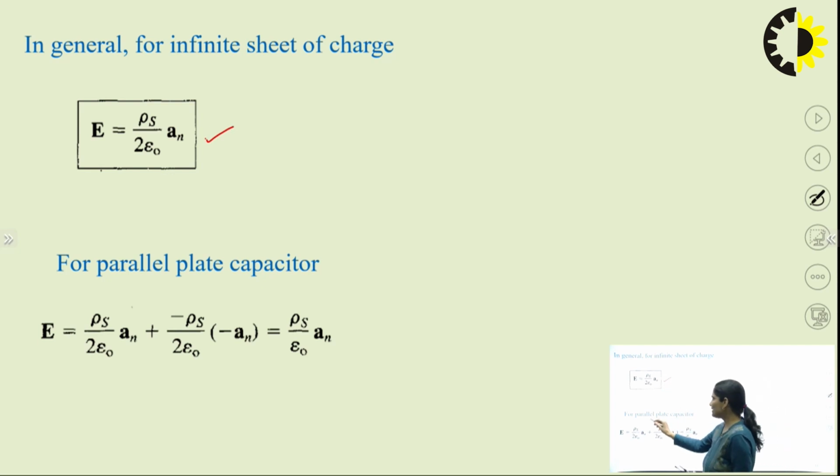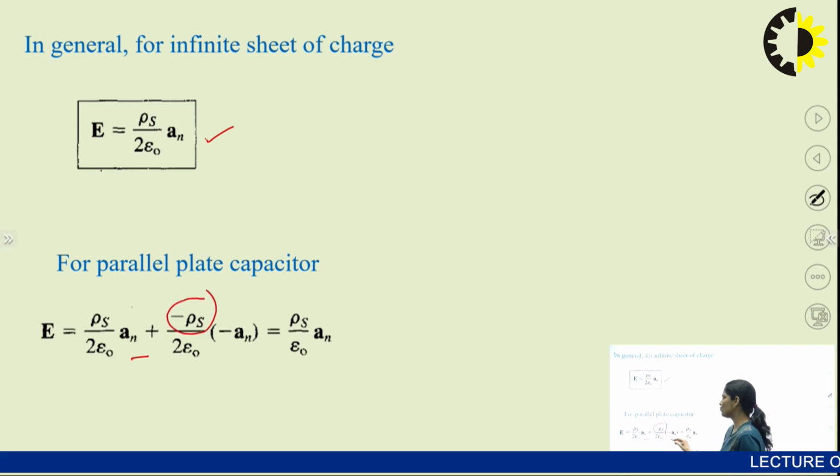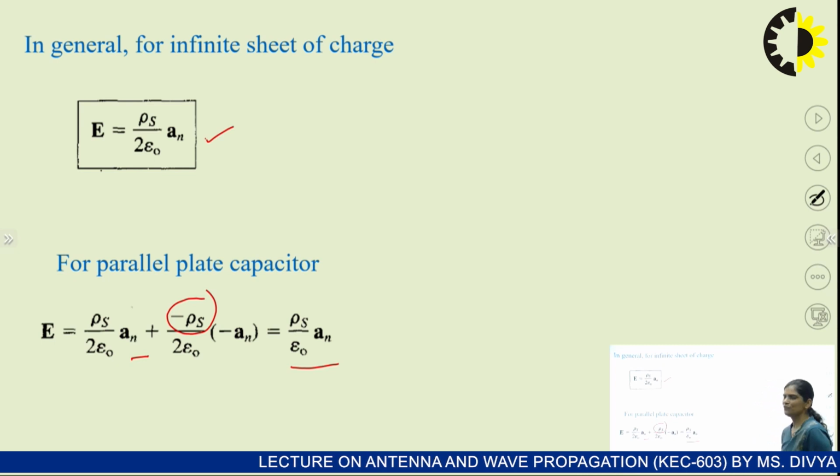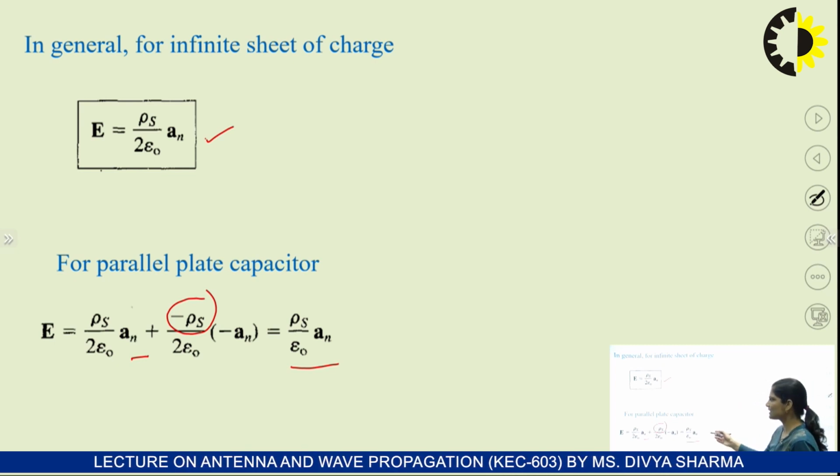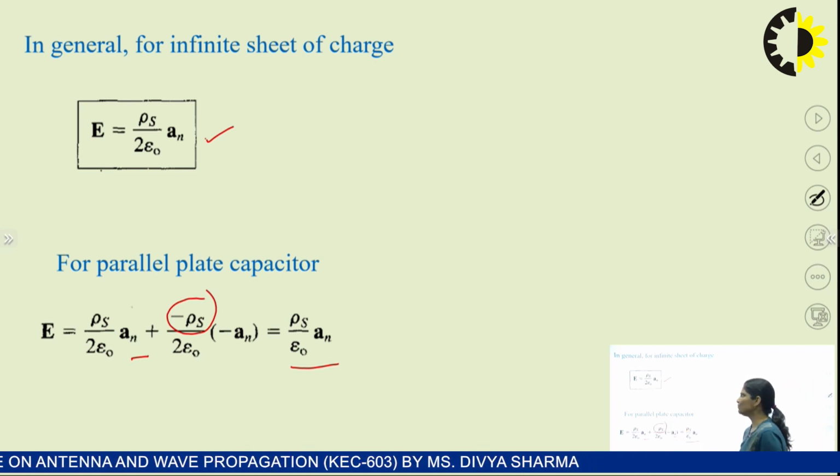Now for a parallel plate capacitor, E is equal to rho s upon 2 epsilon naught unit vector of n plus the negative charge of rho s upon 2 epsilon naught in bracket minus a n, which is equal to what? Rho s upon epsilon naught unit vector of n. So this is the electric field intensity for a parallel plate capacitor.